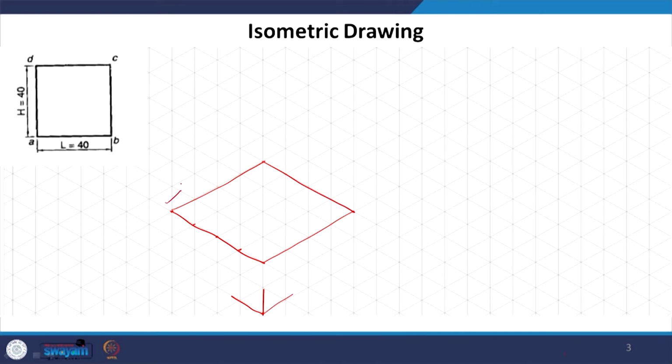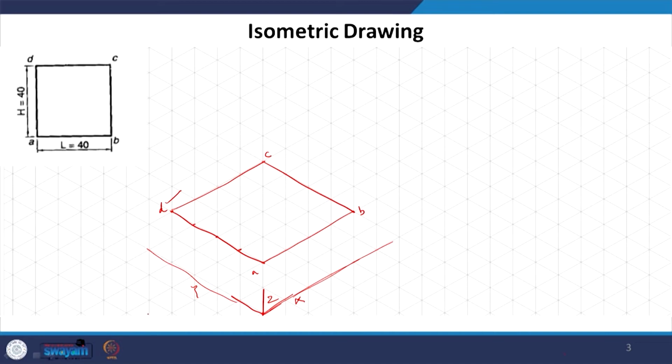If I extend this axis, you can see that this is the x axis, this is y, and this is z. So, this resultant plane A, B, C and D is parallel to the xy plane. A very simple condition here.